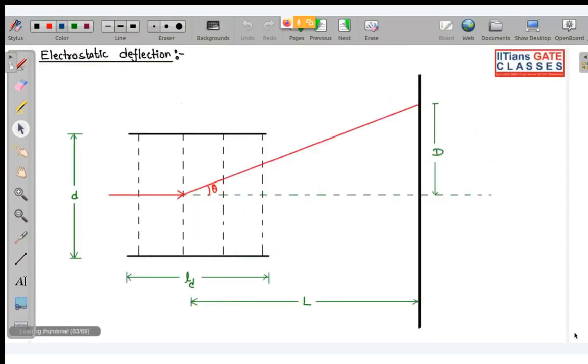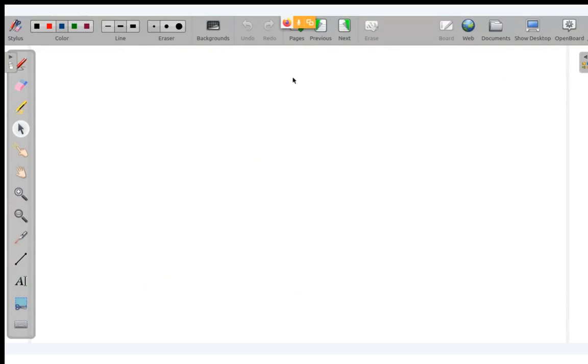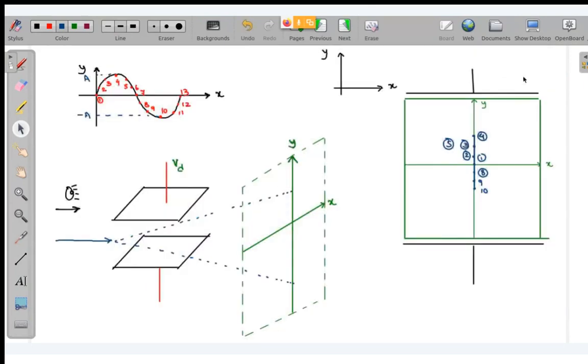Okay. So now let me show you what happens with the vertical plate or horizontal deflecting plate. Then we are going to combine both of them. Okay.